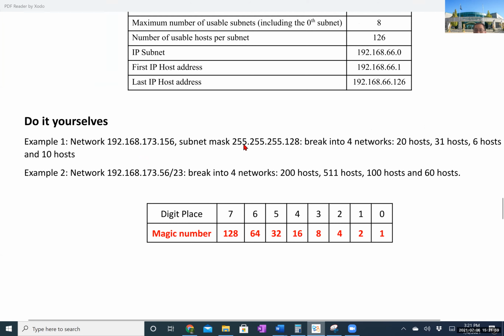I will upload it in an announcement, and if you want to verify it, you can just send me the email, and I give you some comments here. Remember that I expect you guys to practice it here, because on the skill exam, you face the same problem here. I give you an IP address, the subnet mask, and I'm asking you to break it down into the variable subnet here.